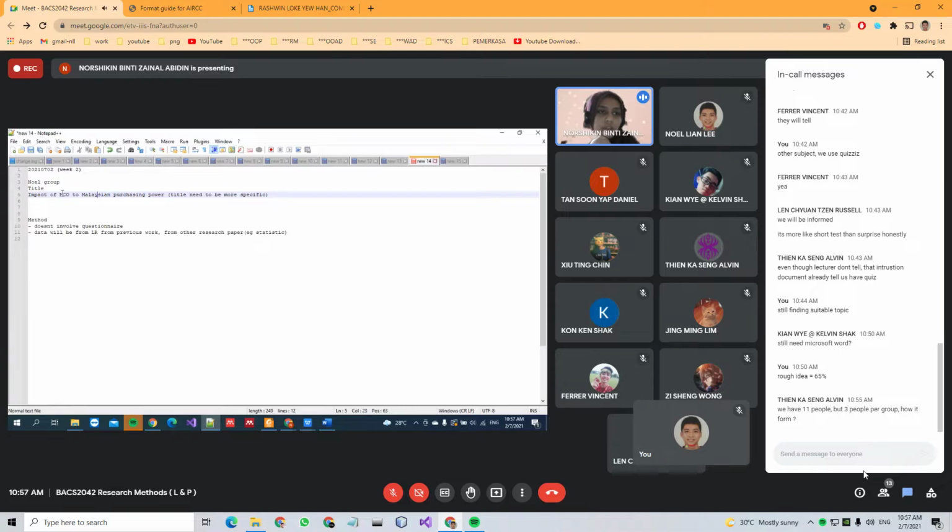Just now you mentioned COVID, right? Since you don't involve a questionnaire, COVID can be a good research idea because you want to use data from the LR.